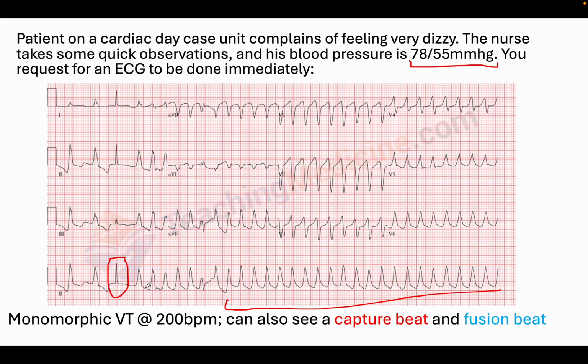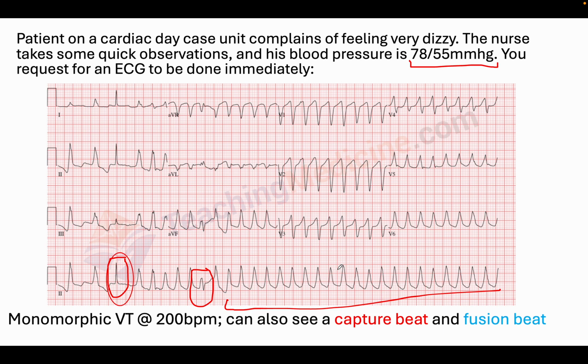A fusion beat, if you go along, is this funny looking beat here. A fusion beat is basically similar to a capture beat. An atrial impulse has successfully gone down the His bundle system. However, it's only partly made its way down, and it's actually fused with a ventricular beat that's occurred at the same time, creating this amalgamation of a beat called a fusion beat. So well done if you got that right.